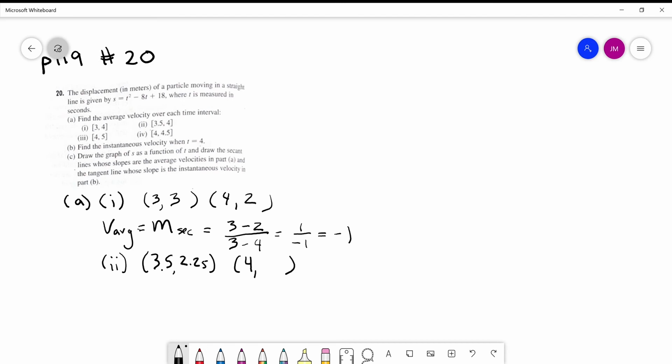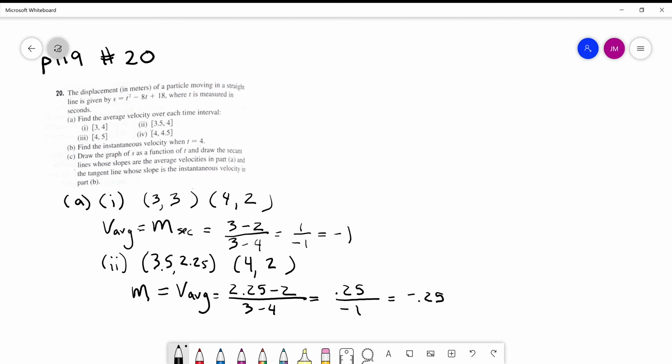And we know from earlier our value of y at 4 is 2. So again, we are going to find the slope of our secant line, which is the same as the average velocity. I'm going to go left minus right again. 2.25 minus 2 over 3.5 minus 4. So we are left with 0.25 divided by negative 0.5, so that is negative 0.5.